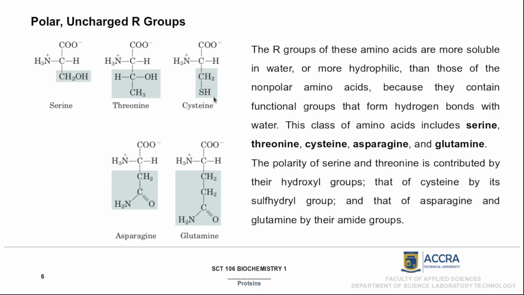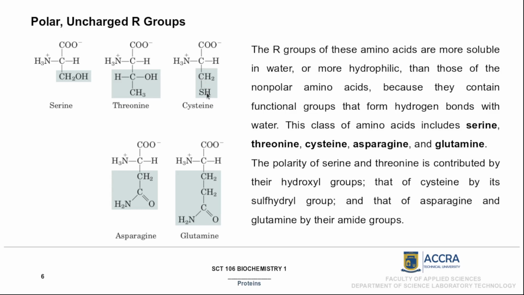So you have one cysteine molecule losing the hydrogen on the sulfur hydride group, the second also losing hydrogen on the sulfur hydride group. So the two sulfur atoms in the side chain will then bond together to give the disulfide bridge, giving you a dimer of this amino acid called cystine.